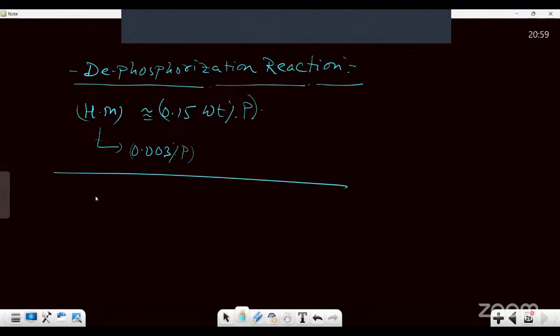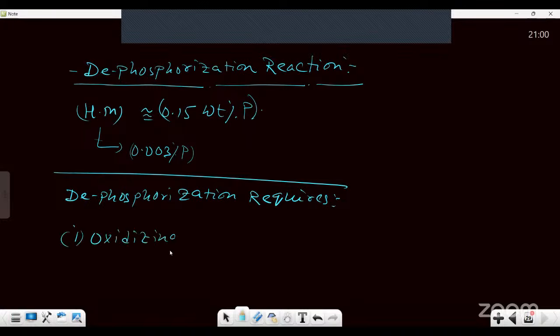When I talk about dephosphorization, you need to understand it will move forward if I give it an oxidizing atmosphere and basic atmosphere. So dephosphorization requires, number one, oxidizing condition.